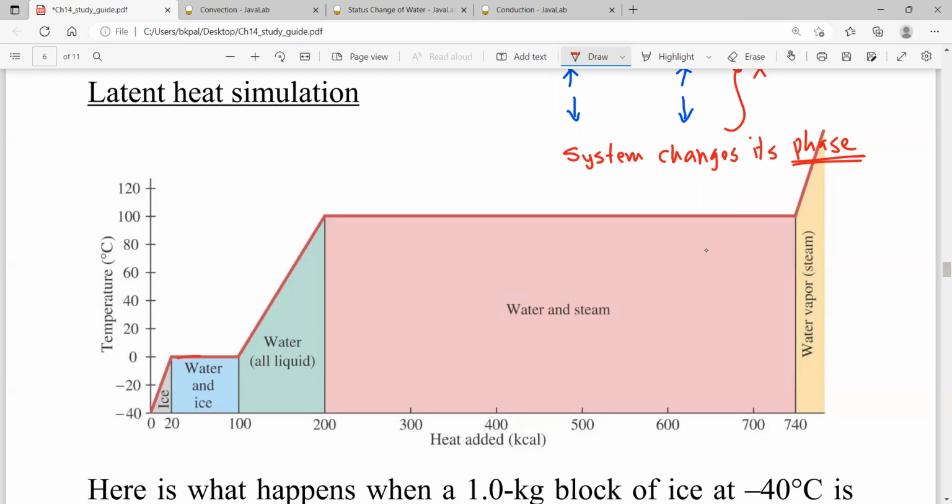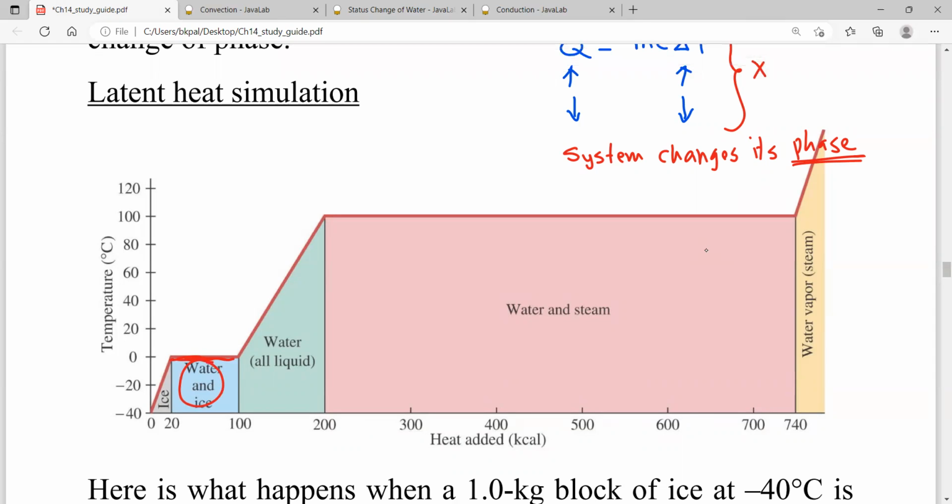Then at 0°C there is no increase in temperature; this is the mixture of water and ice. Then there is another increase between 0° and 100°C, and then again a horizontal line, which is another phase change. Here it is the mixture of water and steam.